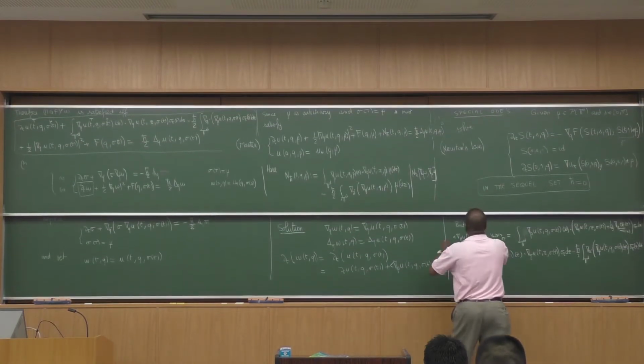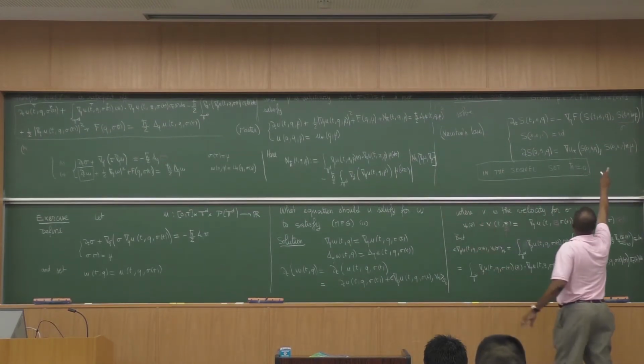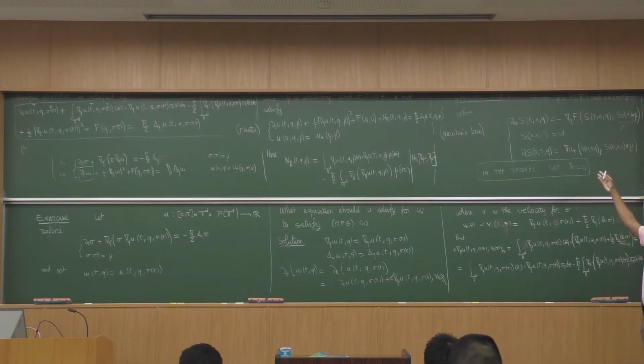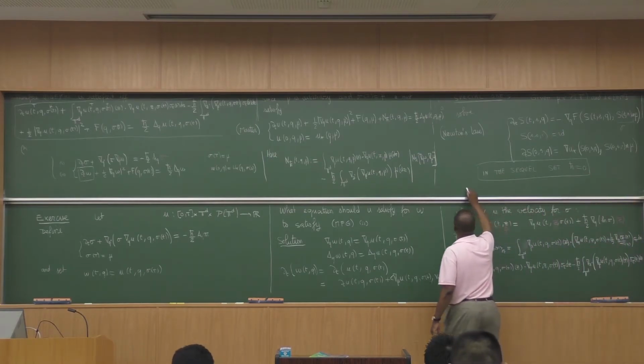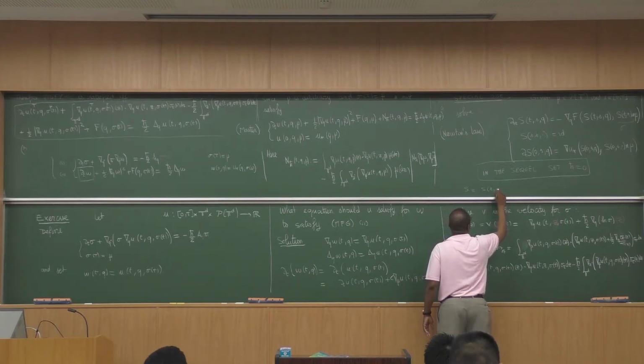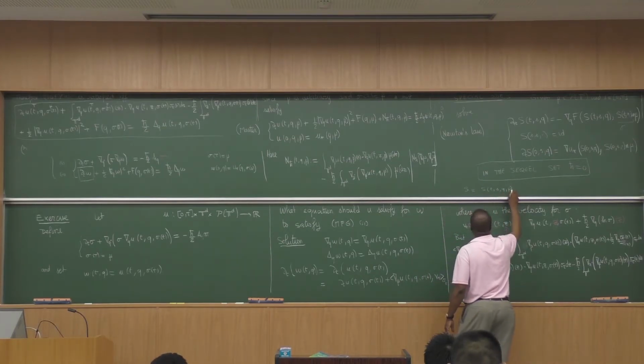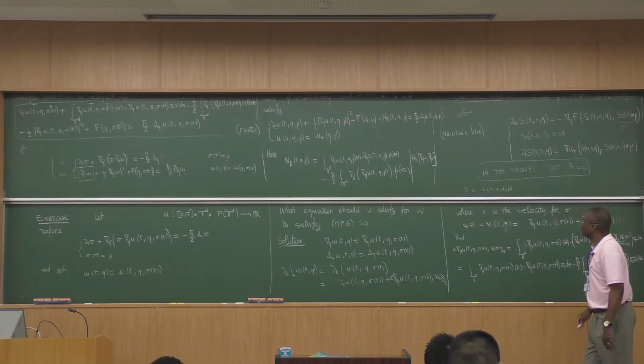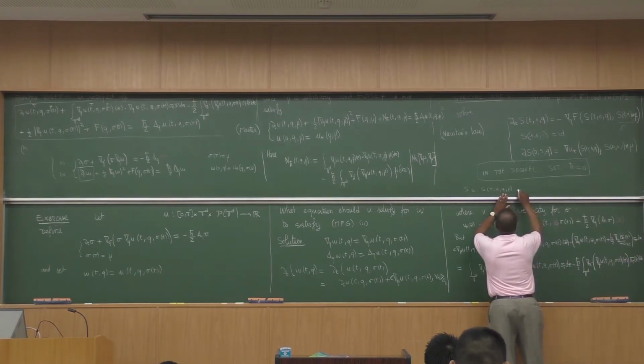So observe that if I change the mu, my solution will change. So S, in fact, is a function which depends on T, S, Q, and mu. It is convenient to write it this way.